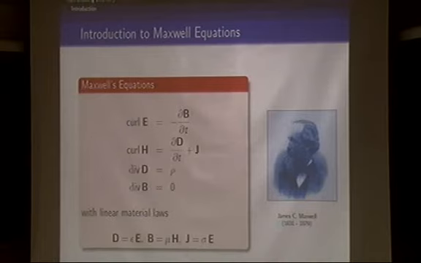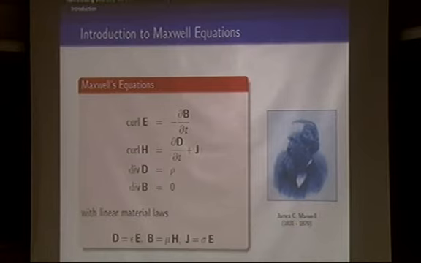If you have a source-free domain, you have sigma equal to 0, so you don't have any more conductivity. Okay, fine. So you also have divergence D equals rho. Rho is the charge density. The charge density is 0 in a vacuum. Otherwise, it is non-zero. Okay.